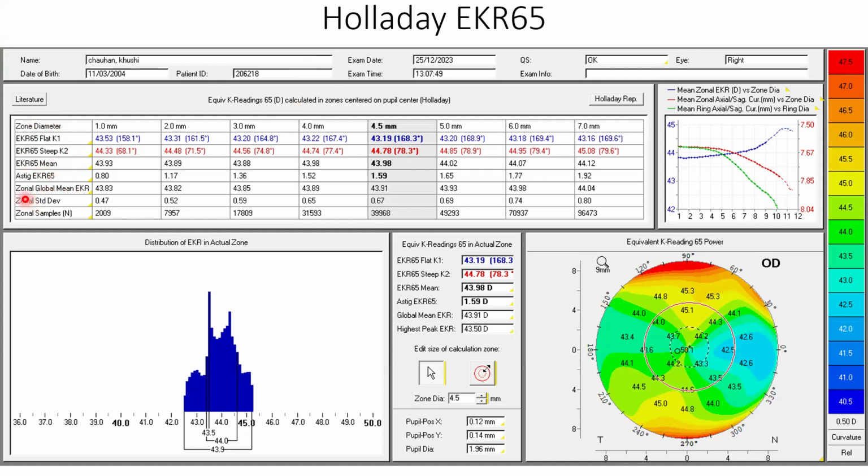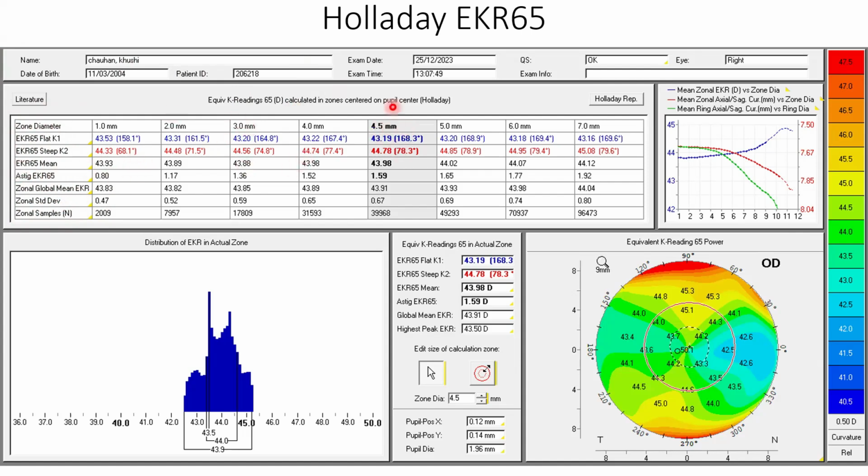It also gives us a zonal global mean EKR, zonal standard deviation and zonal sample. So let me just explain what it means. We are considering EKR 65. 65 means we are considering 65% of the values in that area.